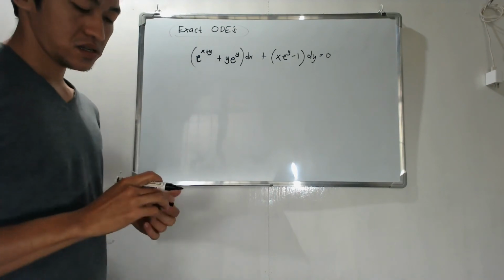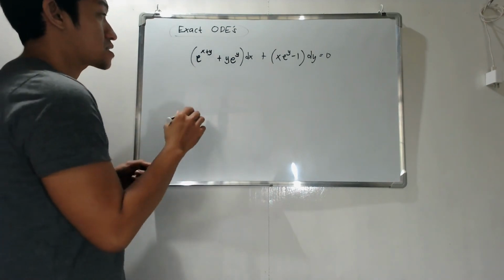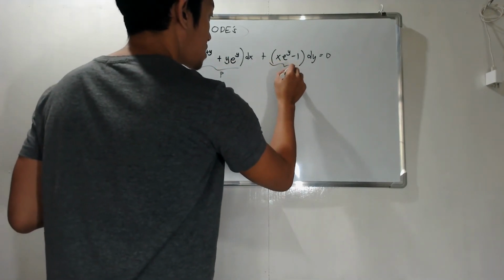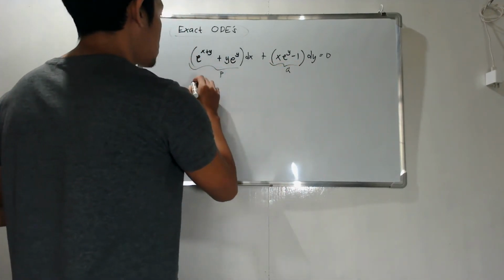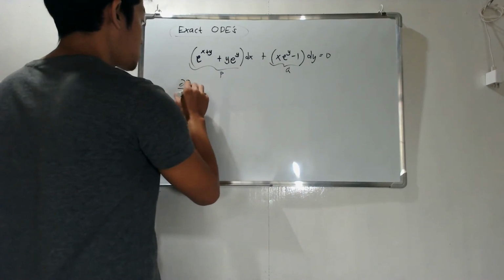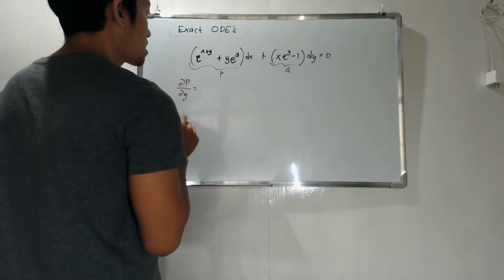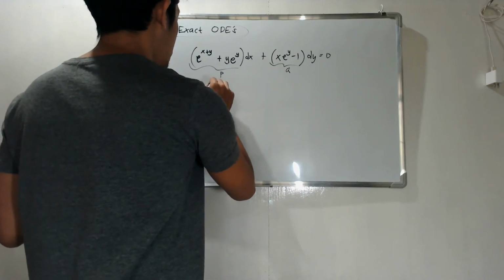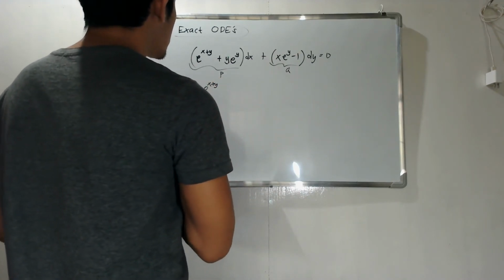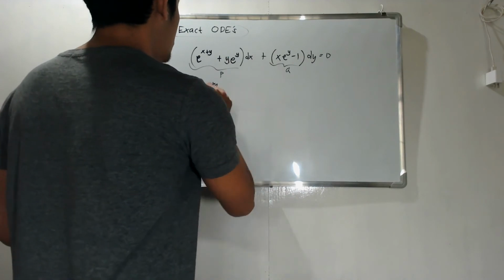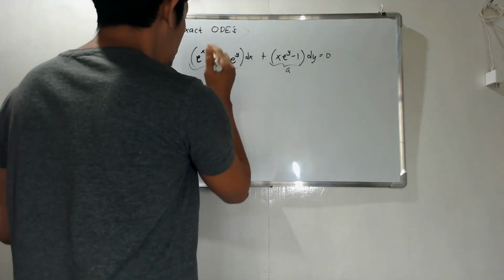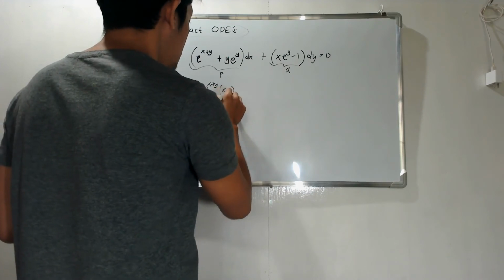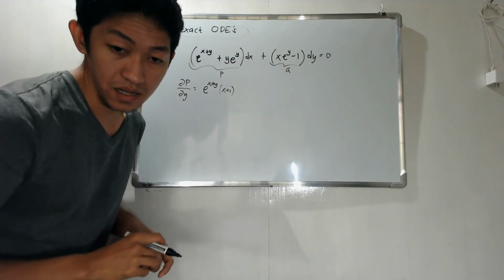So first, check for exactness. This is your P, this is your Q. Partial of P with respect to y is e to the u, du plus 1.